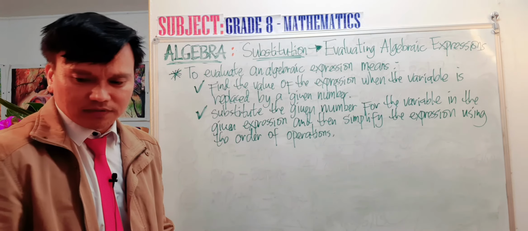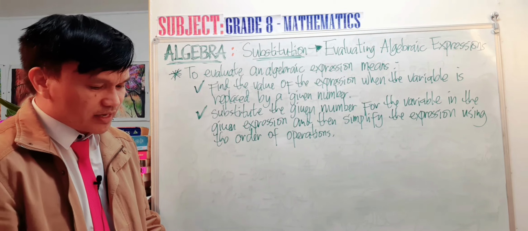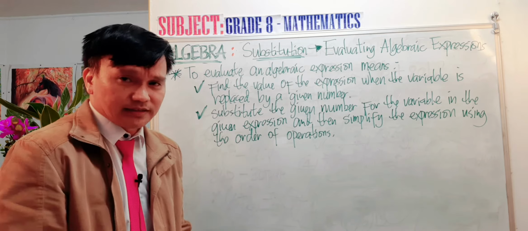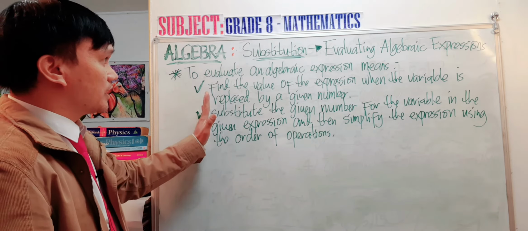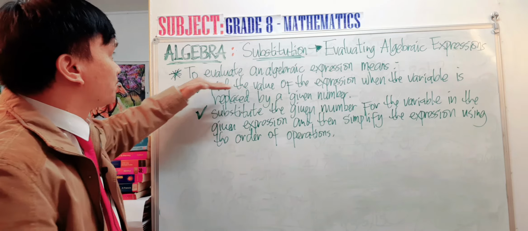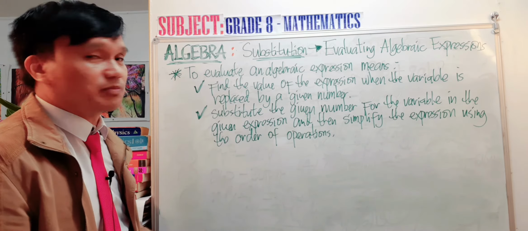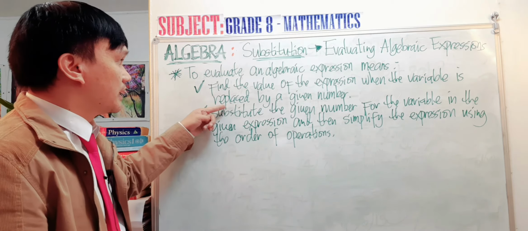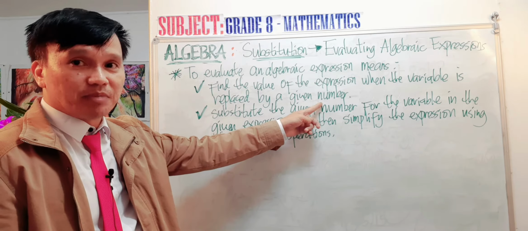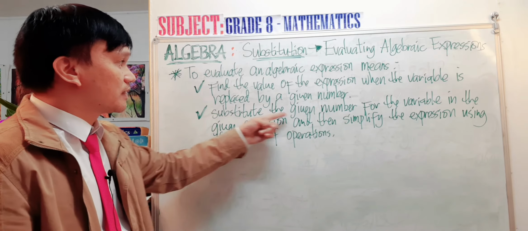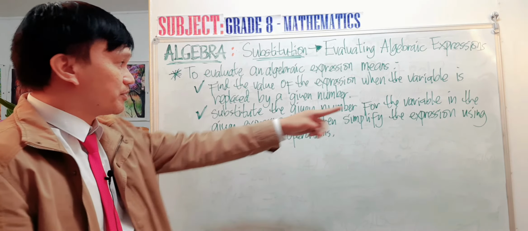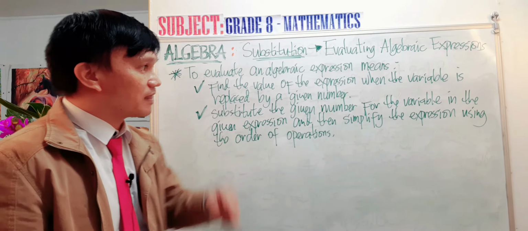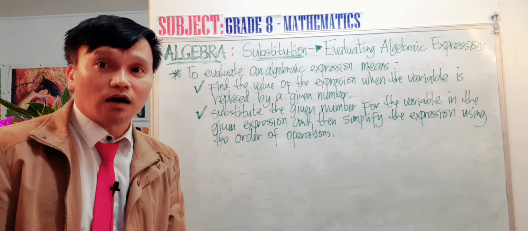Alright, so let's have this example on evaluating algebraic expressions. According to the definition, you're going to find the value of the expression when the variable is replaced by a given number, or substitute the given number for the variable in the given expression, and then simplify the expression using the order of operations.